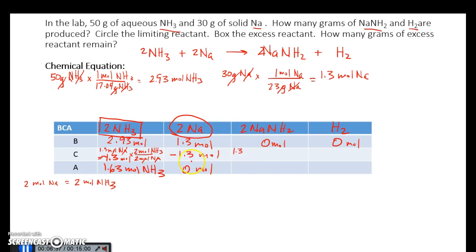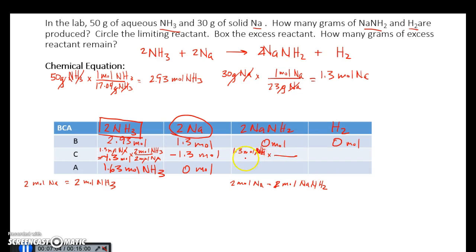So again, you take your limiting reactant, and I have 1.3 moles of Na, and I set up an equivalency fraction. I know that for every 2 moles of Na, it produces 2 moles of NaNH2.